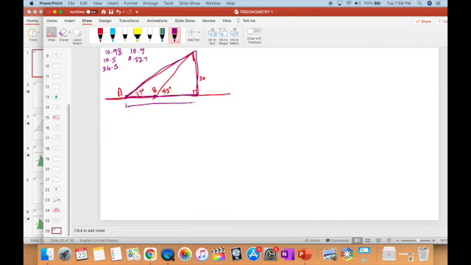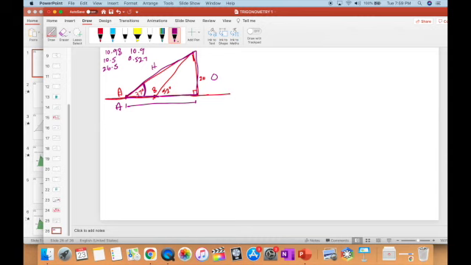So for this long side, we're using the big triangle, and the big triangle is using this angle here. We could see that the side we want to find is the adjacent side, because this is the hypotenuse over here. So therefore, this is the opposite, right?